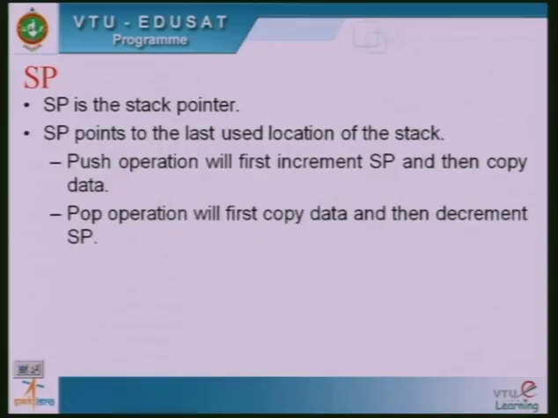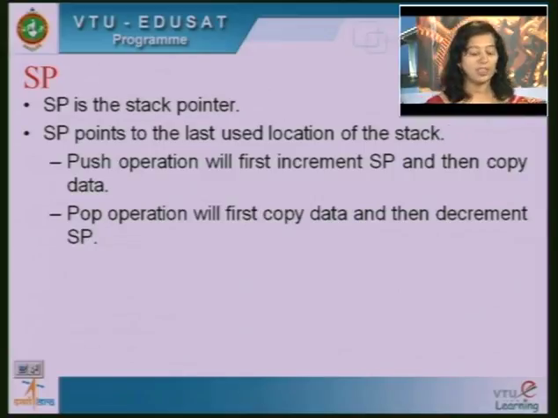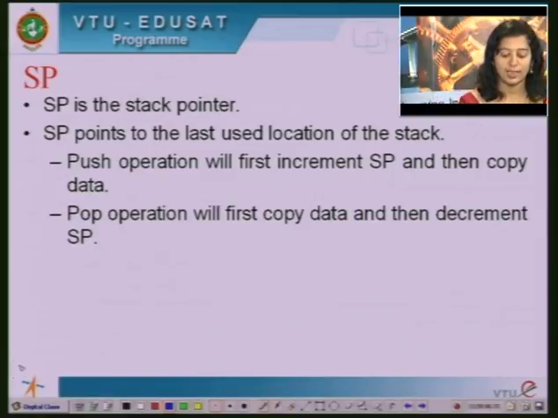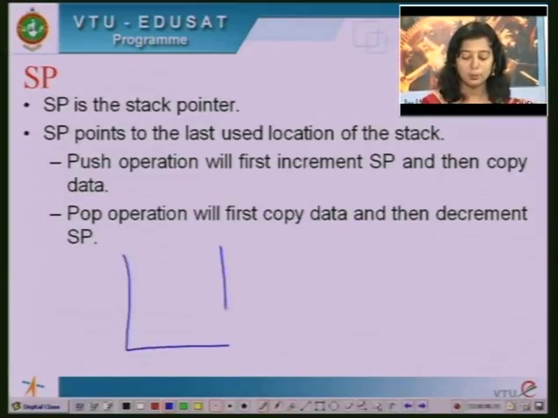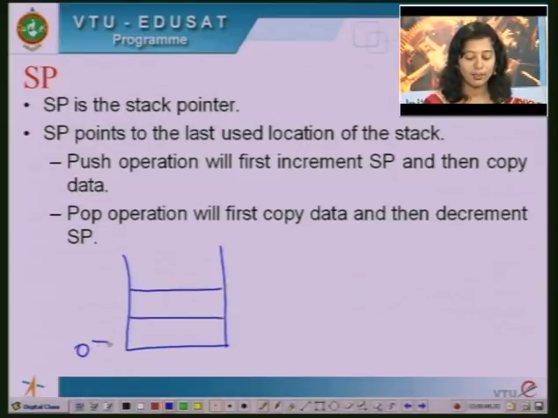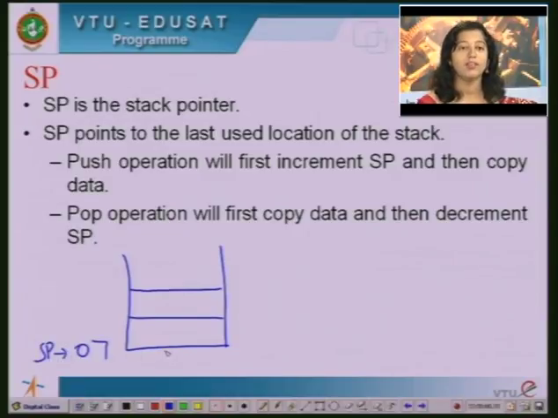As I told you, the stack pointer always points to the last stored location or last used location on the stack. We have two kinds of operation which can be performed on the stack. One is the push operation and the other is the pop operation. We will see what this push operation is. So here the stack pointer is pointing to the location, this is the beginning location 07.